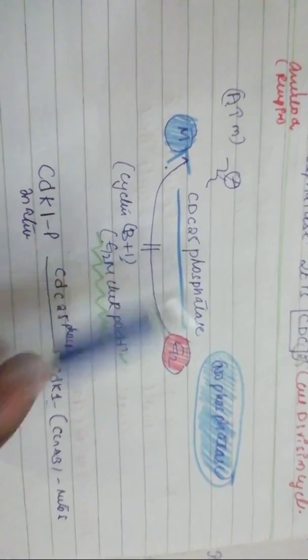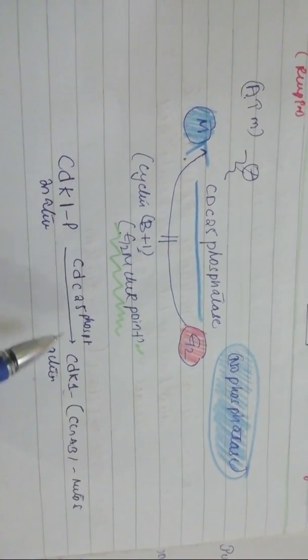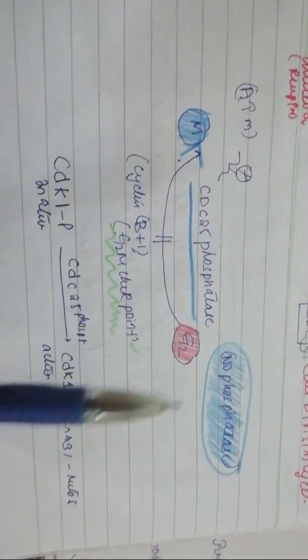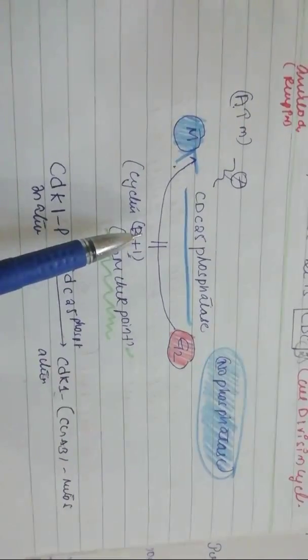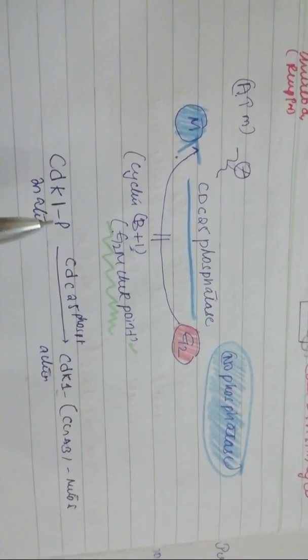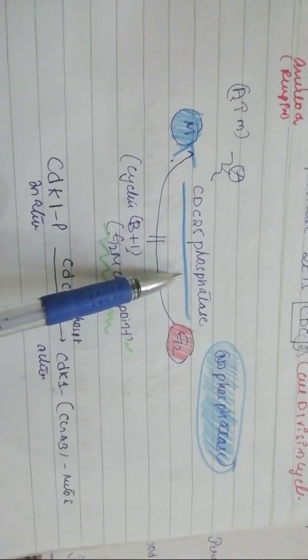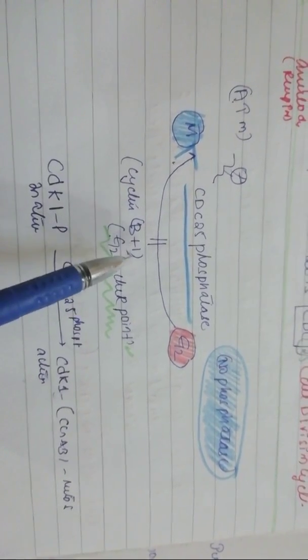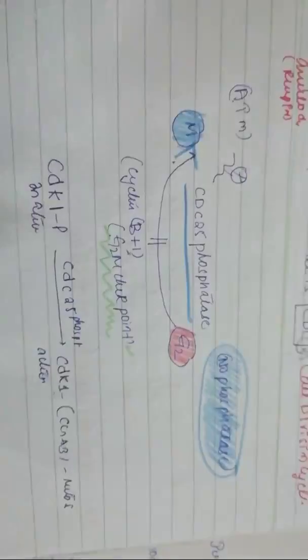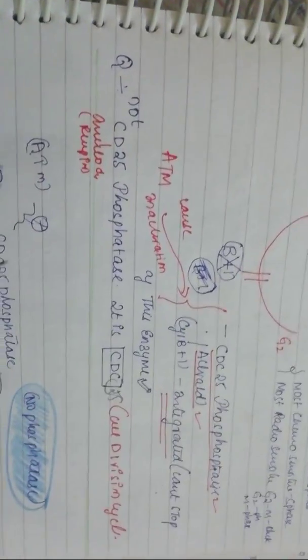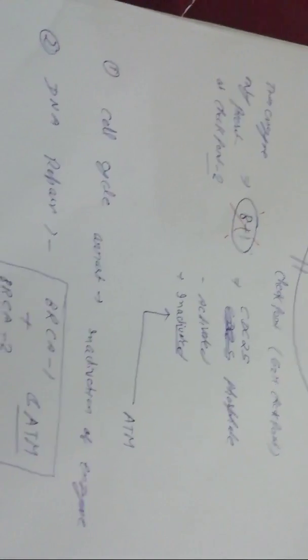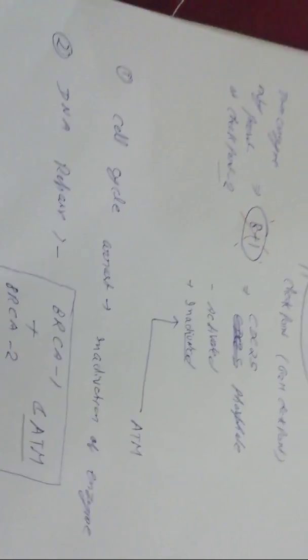Suppose I inactivate this enzyme. Now the inactive CDK1 cannot convert into active, so there will be cell cycle arrest. Because of the inactivation, there is no formation of active CDK1, and the cell cannot move from G2 to M. That is what is written here: cell cycle arrest through inactivation.